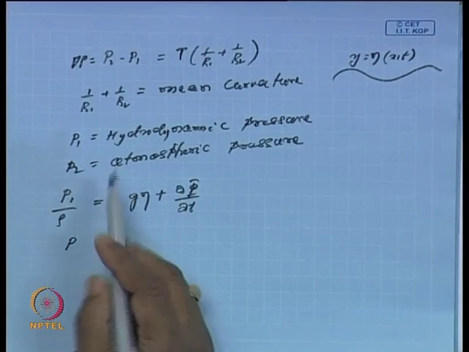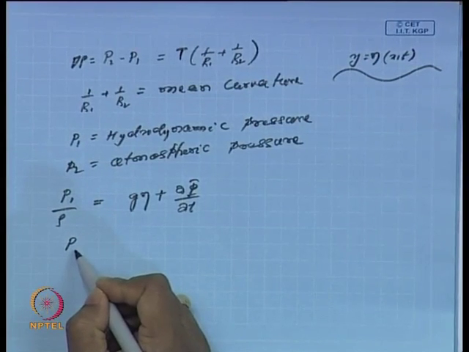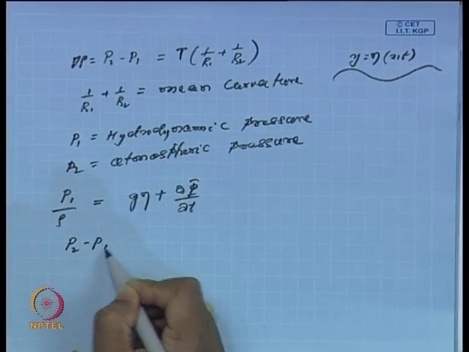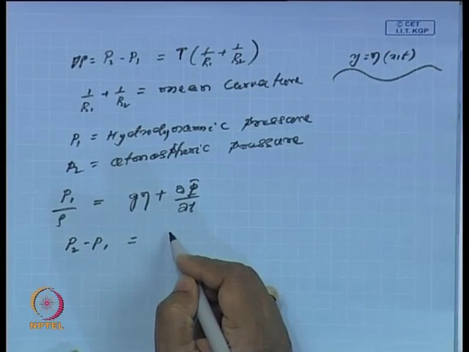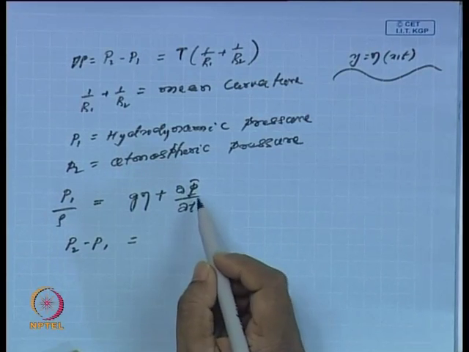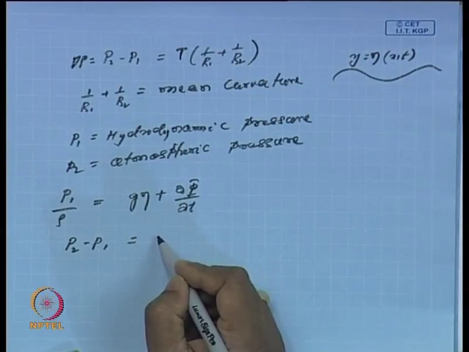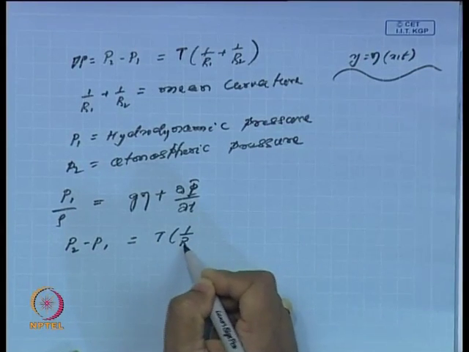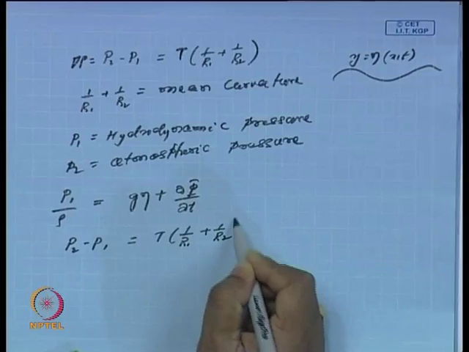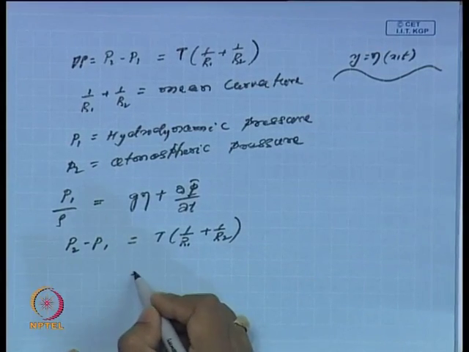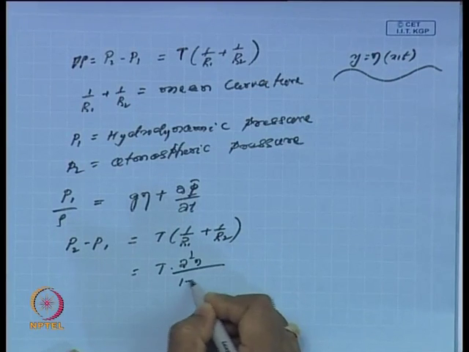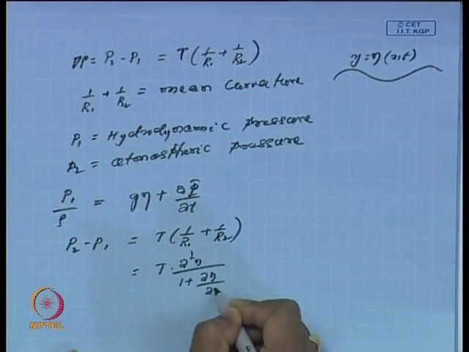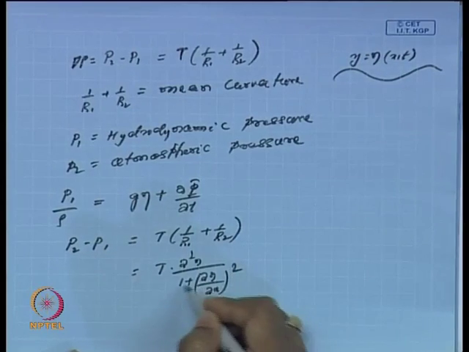From this equation, P2 minus P1 is equal to T times (1/R1 plus 1/R2), and 1/R1 plus 1/R2 is nothing but T times del square eta by del x square over (1 plus (del eta by del x) square) to the power 3/2. This is the definition of curvature.